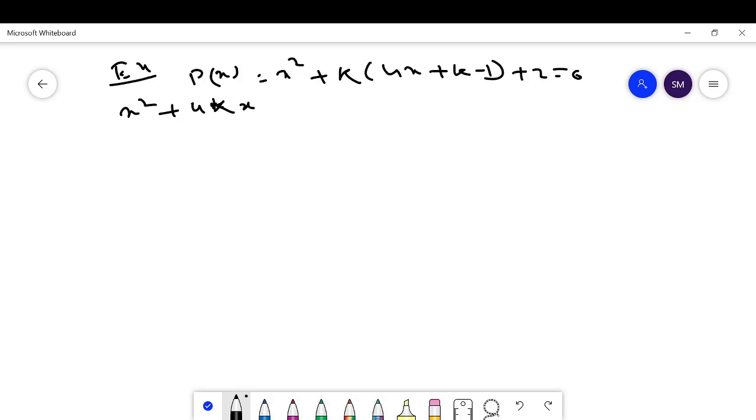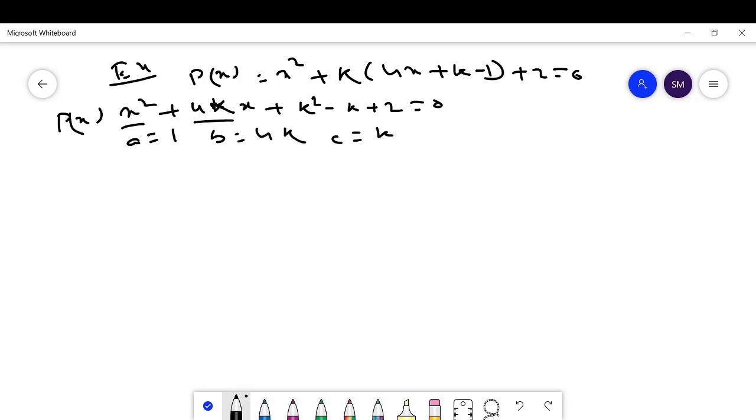A is the coefficient of x square, b is the coefficient of x, and c is the constant. Here a is equal to 1, b is equal to 4k, c the constant is k square minus k plus 2 is equal to 0.